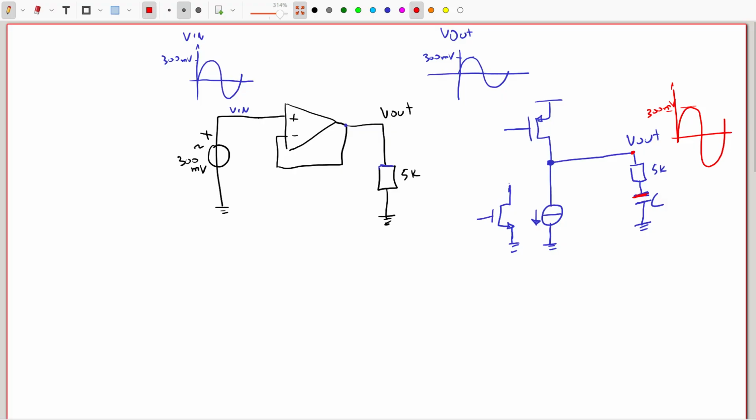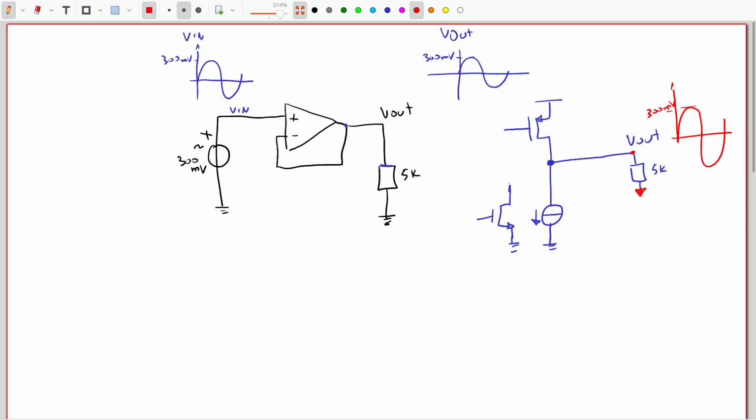Now for AC currents, this capacitor becomes a short circuit, so we're just going to erase it for a second here, and change it to an AC analog ground, that I'm going to put like this for the moment.